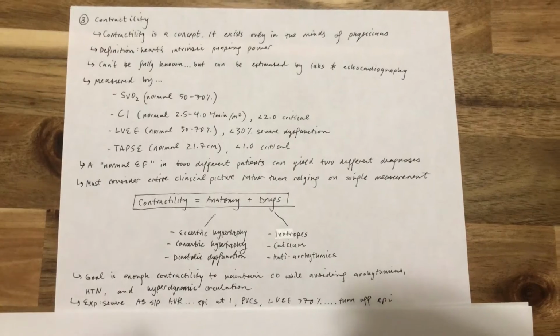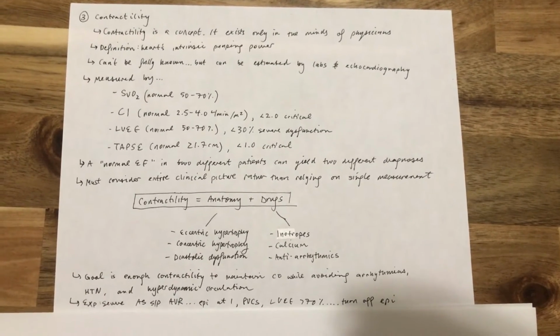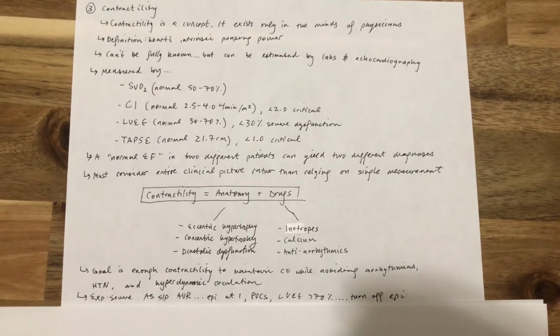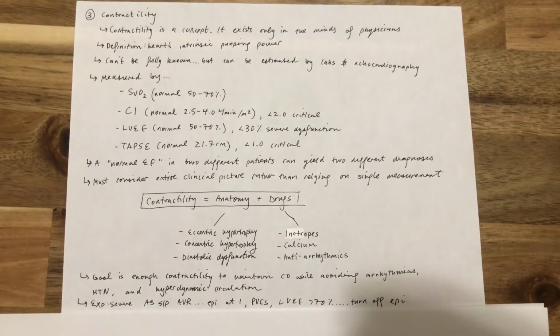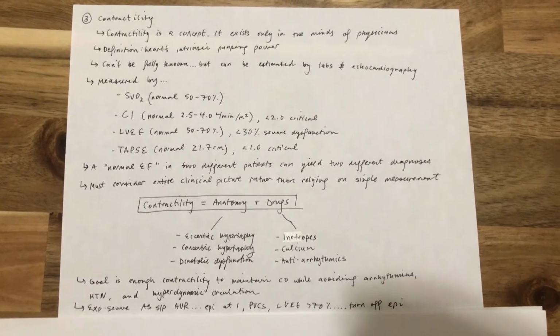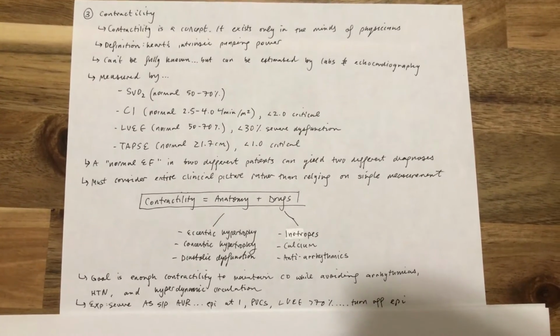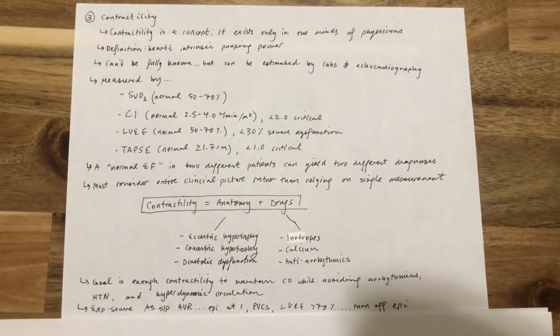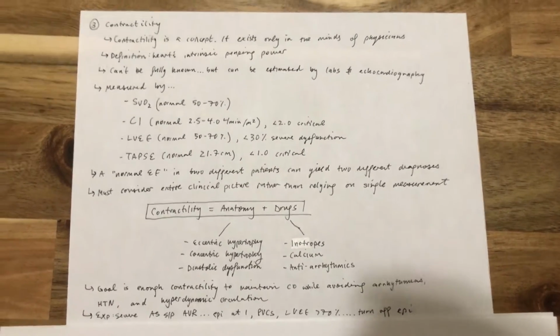A normal heart will move at least 1.7 centimeters. Anything less than 1 is generally incompatible with life.